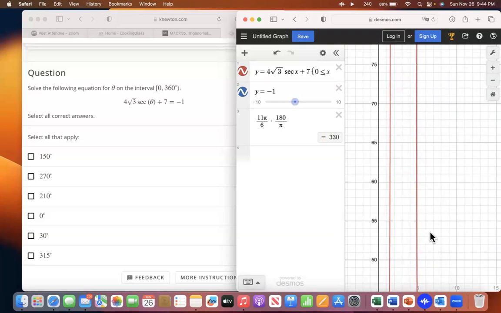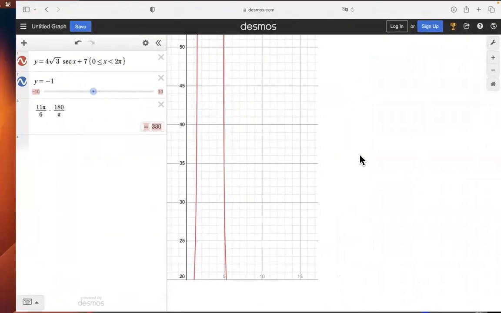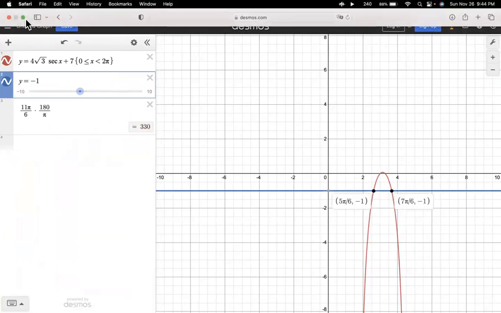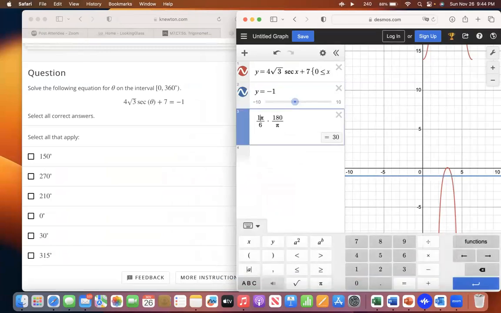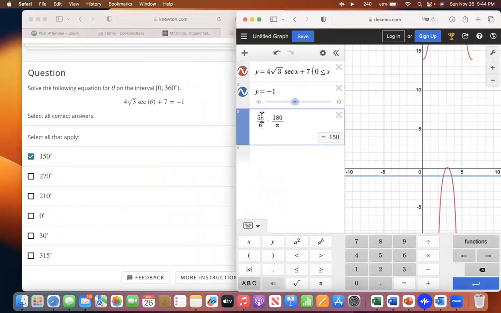This is minus 1. Hit the home button. There you go. No wonder I missed it. 5 pi over 6 and 7 pi over 6. 210.